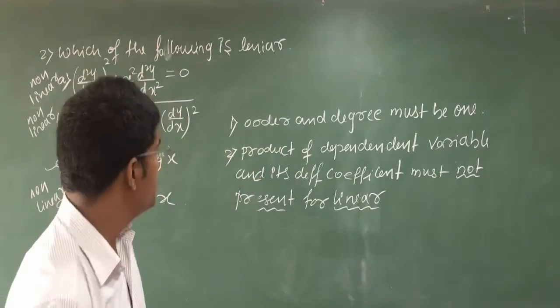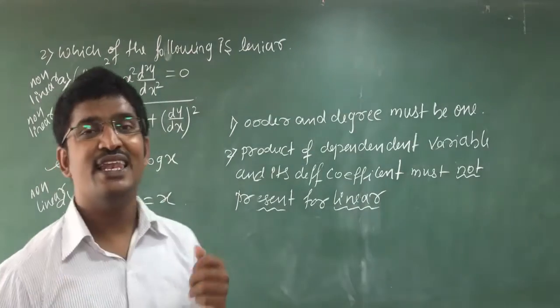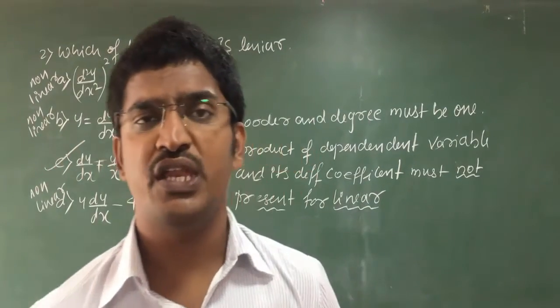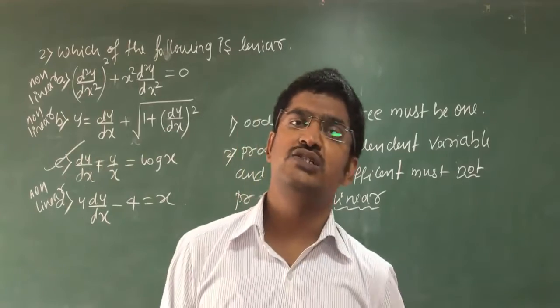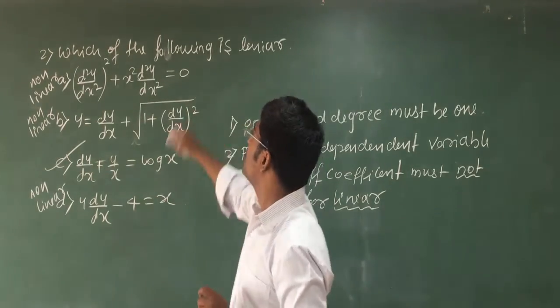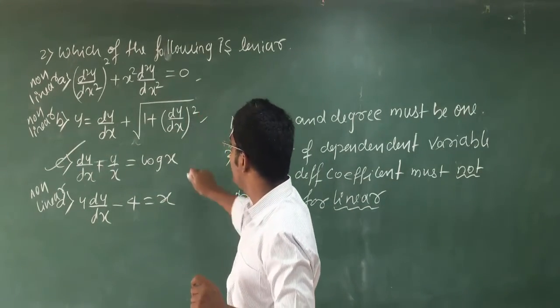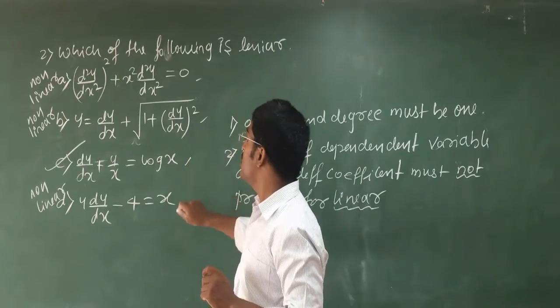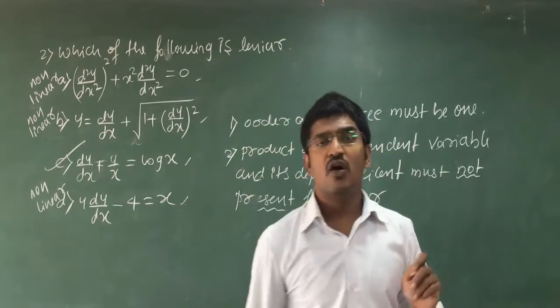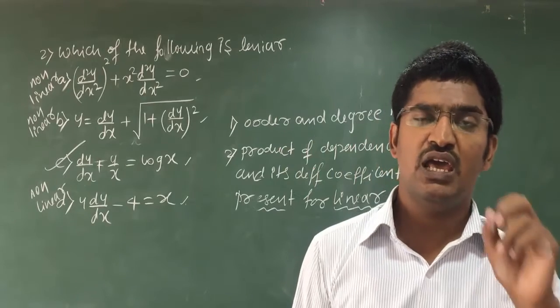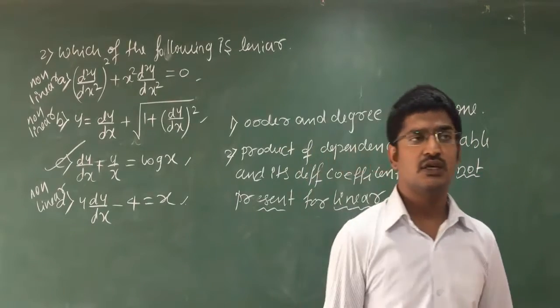Before that, be perfect in finding linear and non-linear differential equations. Clear? So in this particular question, this is non-linear, option C is linear, option D is a non-linear differential equation. Clear students?